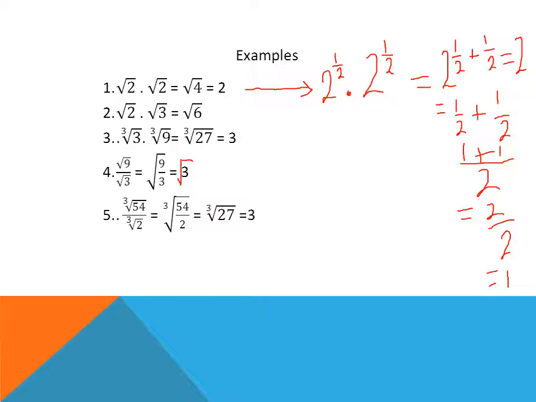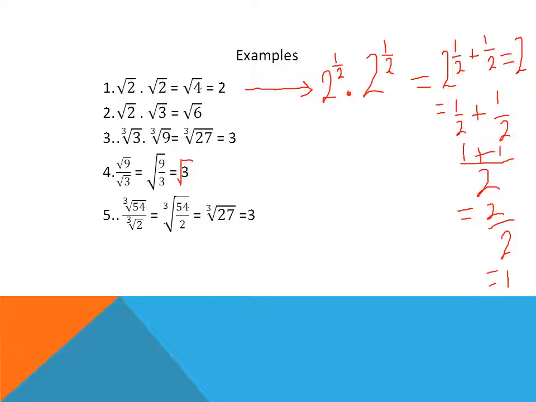So 1 divided by 2 plus 1 divided by 2. To do the workings for addition of fractions, we find the least common multiple of the denominators, and the denominators are 2 and 2. So the LCM, known as the lowest or least common multiple, is 2.